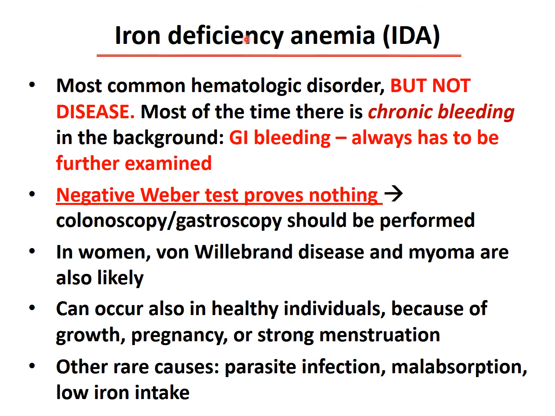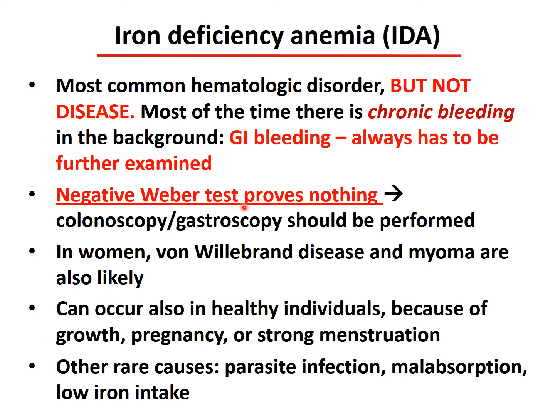Now, iron deficiency is the most common hematologic disorder, as I mentioned, but this is not a disease in itself. Mostly depending on age, but in adults the most common cause of iron deficiency is GI bleeding. Another very important point: a negative blood test proves nothing.